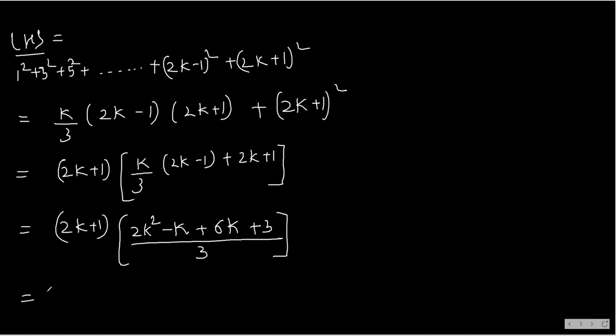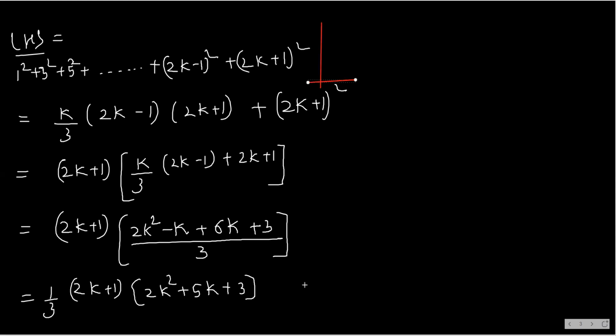So now this 1 by 3 I write out, 2k plus 1, and inside the bracket I get 2k square plus 5k plus 3. As we already know, this is a quadratic.